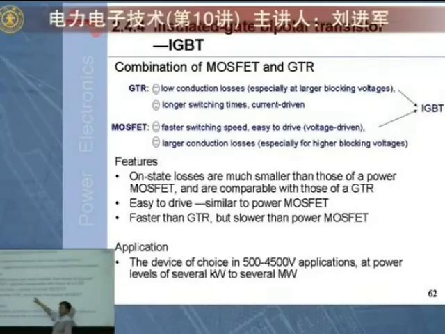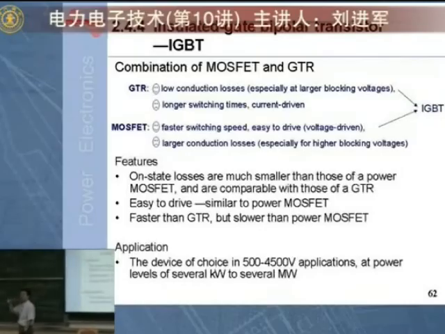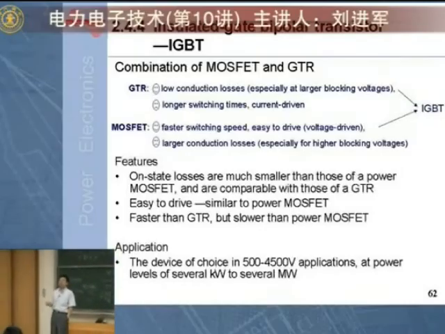But at the same time, it is also similar to GTR because you have conductivity modulation. So you still need some time to inject carriers into the N- region and take them out when you turn it off. So the turning on and turning off speed will be between GTR and MOSFET. So the switching frequency will be higher, faster than GTR, but lower than MOSFET.